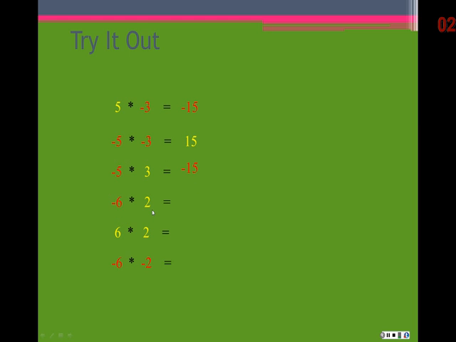Negative 6 times 2. Negative 12. 6 times 2. Positive 12. And negative 6 times negative 2. Positive 12. So any questions about the rule? Okay, let's try some more.